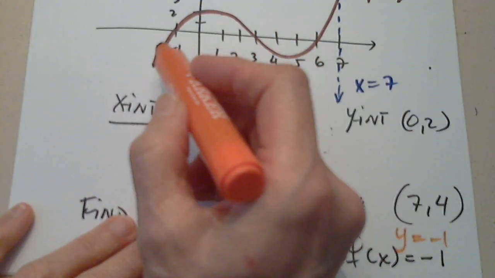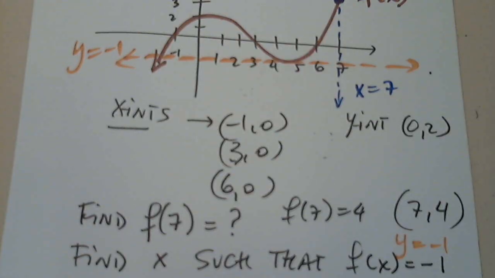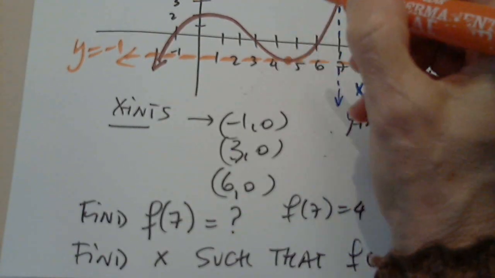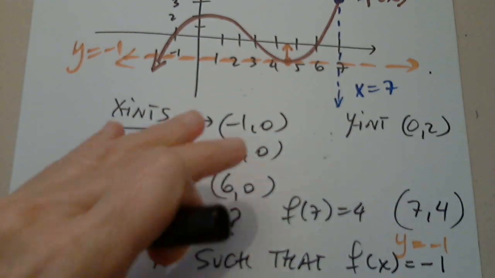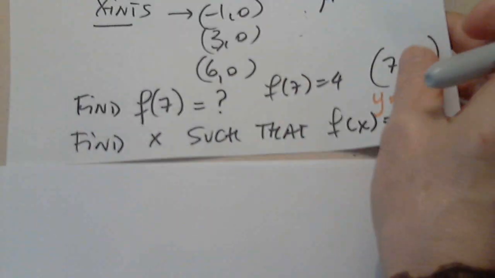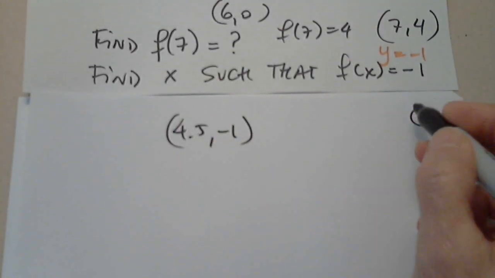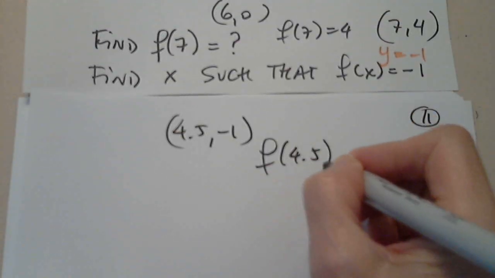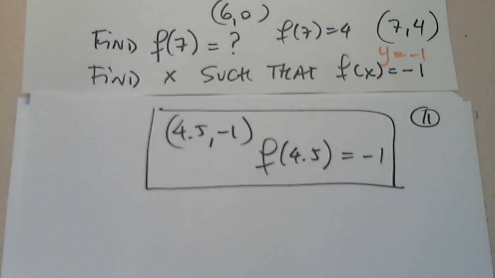So I have to draw, or imagine I draw, a line y equals -1. It meets the graph somewhere, and I have to read the corresponding x value. 4.5. So I read from the graph, from the point 4.5, -1. So f of 4.5 is -1. Exactly.